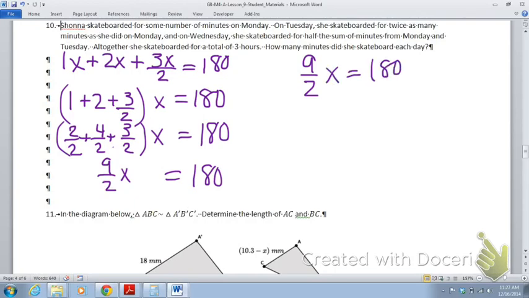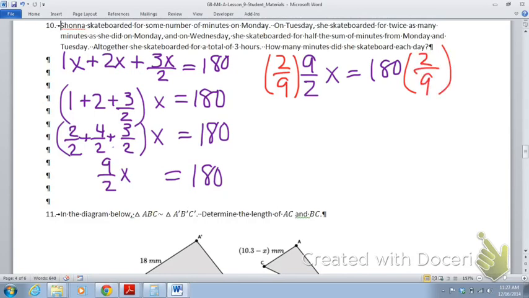So I'm going to multiply by the reciprocal. This is why using fractions works really well sometimes instead of using like a mixed number, because I can see what I need to multiply by to get my 1x.